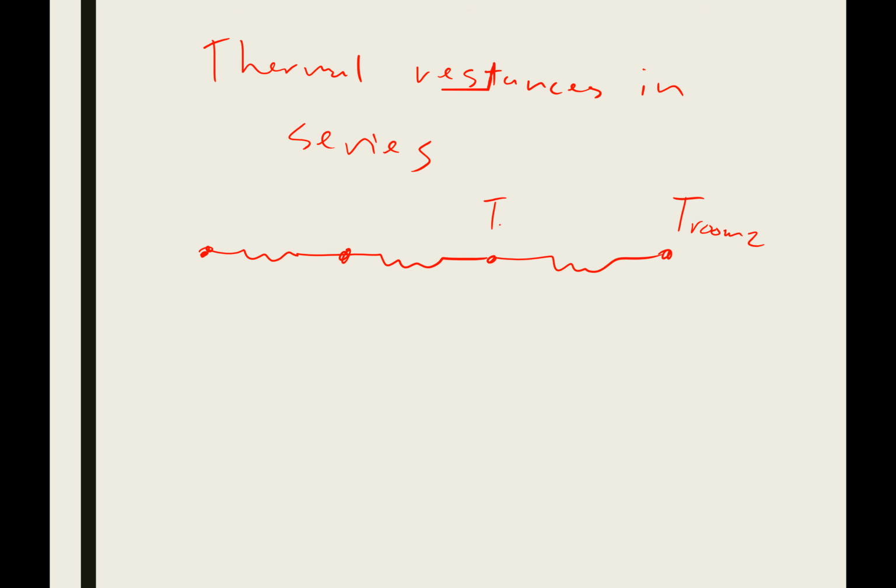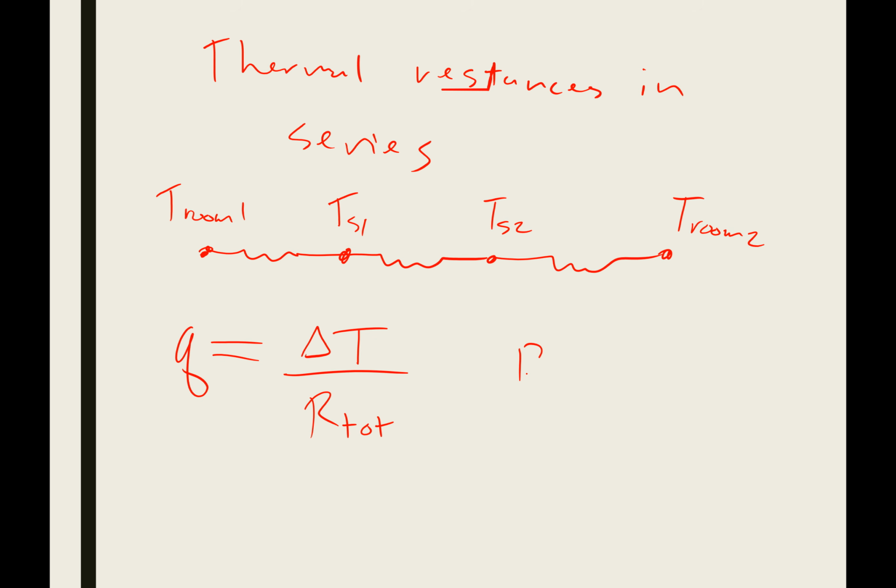This represents the temperature at the surface of the wall. This represents the other surface. And so at the end of the day, we want to be able to calculate how fast heat is moving through all three of these thermal resistances. That's still going to be a temperature driving force, but we're going to come up with this R total term, where R total is the total thermal resistance.